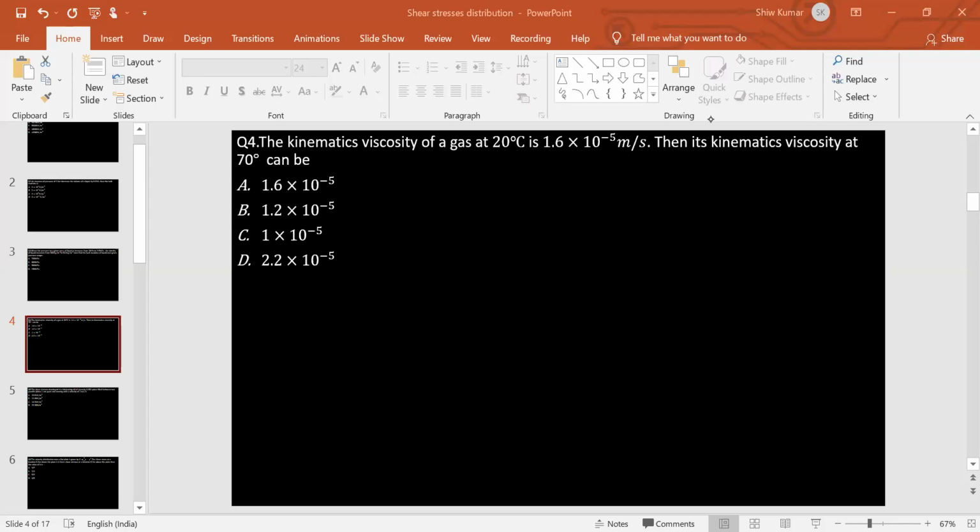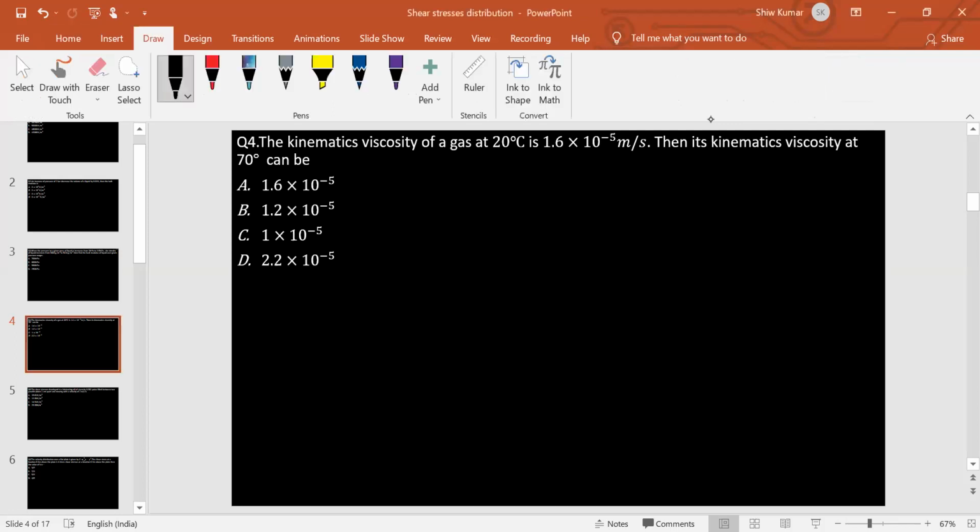Okay, we'll start the questions based on Newton's law of viscosity. Question number 4: the kinematic viscosity of a gas at 20 degrees Celsius is 21.6 into 10 raised to minus 5, and its kinematic viscosity at 70 degrees Celsius is? So see, it is given for gas.